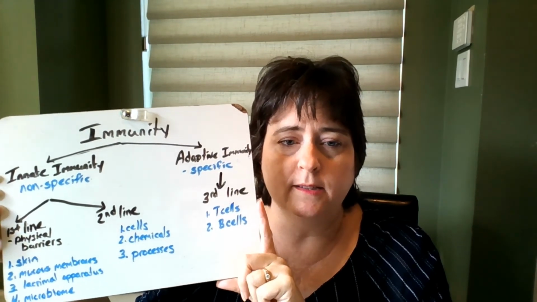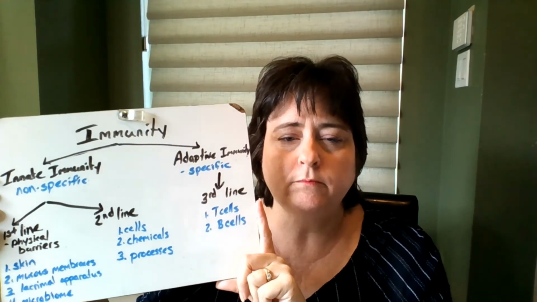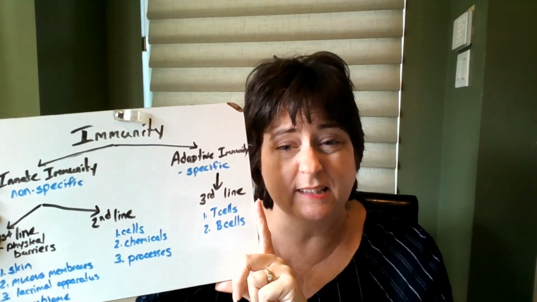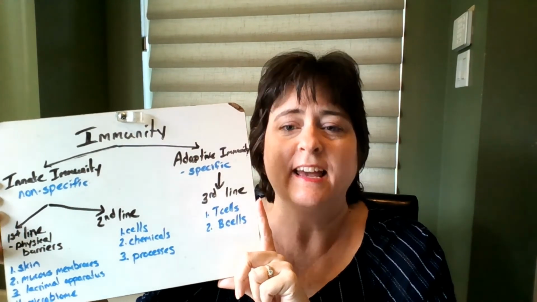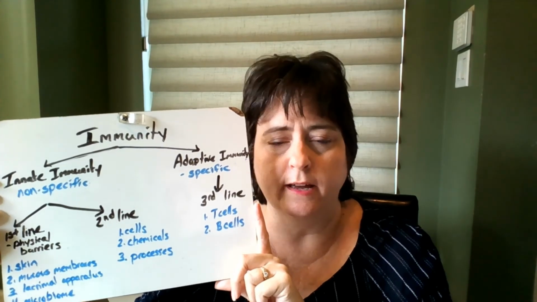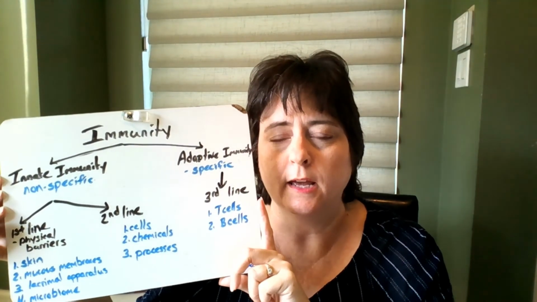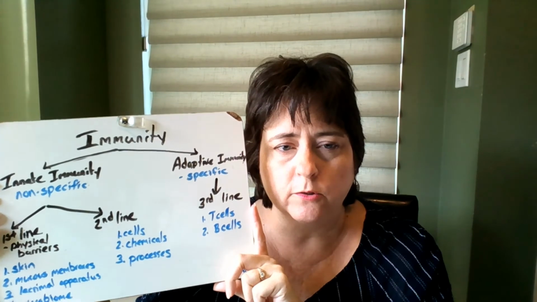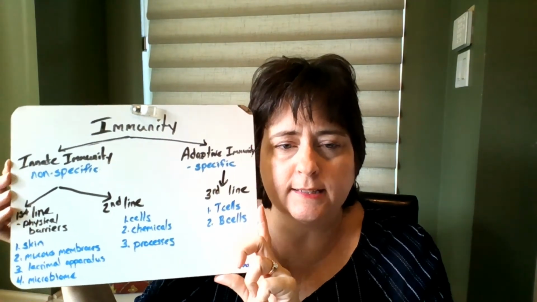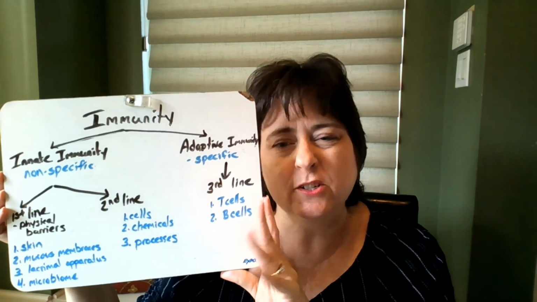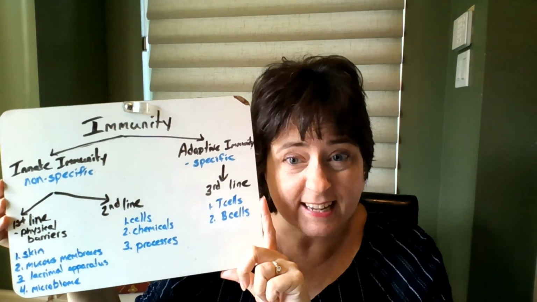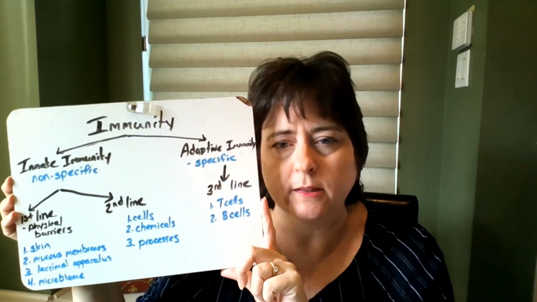Then we'll talk about the second line of defense and some cells. If it does get past our physical barriers and does get inside, then what happens? We're going to talk about some cells, some chemicals our body can make, and some different processes that our body goes through. So this is your concept map. We will come back to this as we go through and make sure that you can put all of the different details where they go in this concept map.